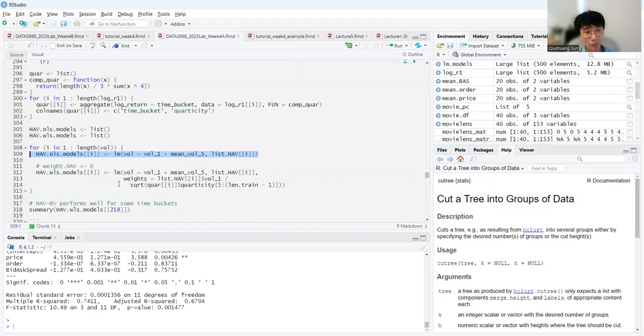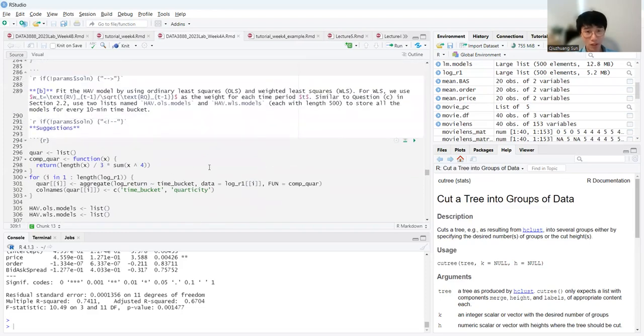And the weights here we use is just the realized volatility in the last period divided by the square root of the realized quantity in the last period. This formula is also available in the lecture notes.